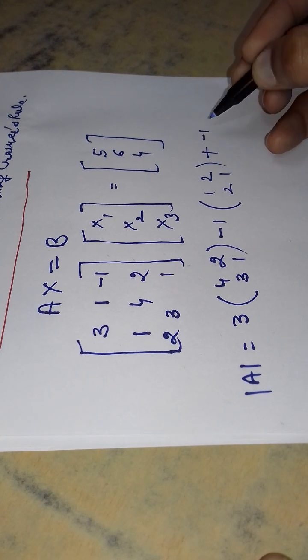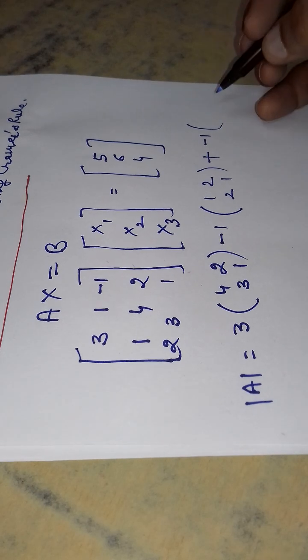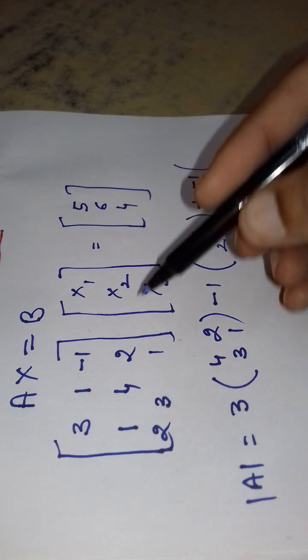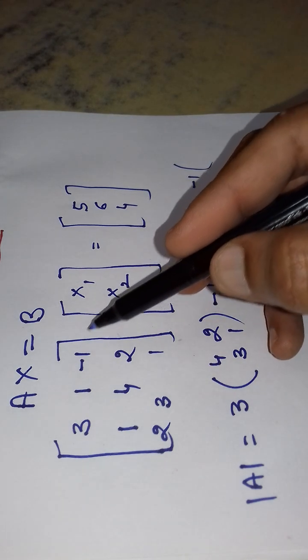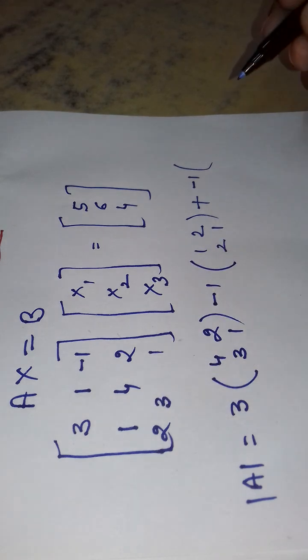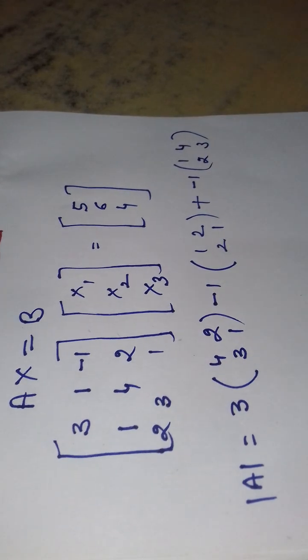Then plus minus minus becomes plus, and the last submatrix is 1 4 2 3.